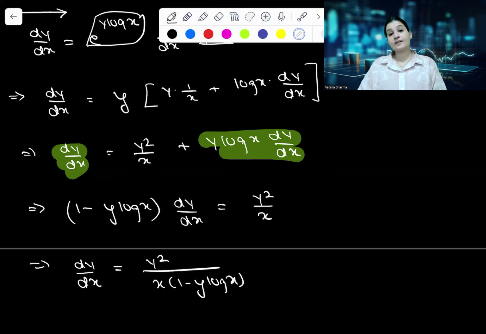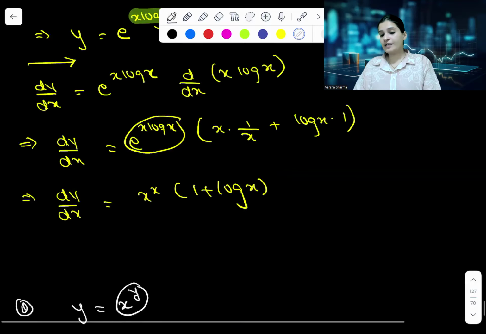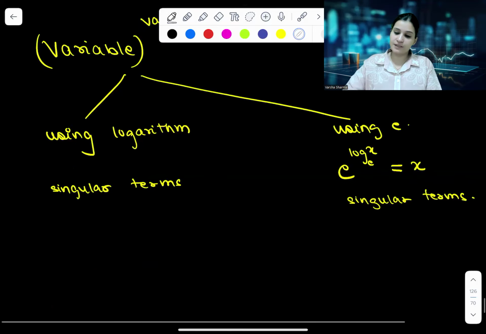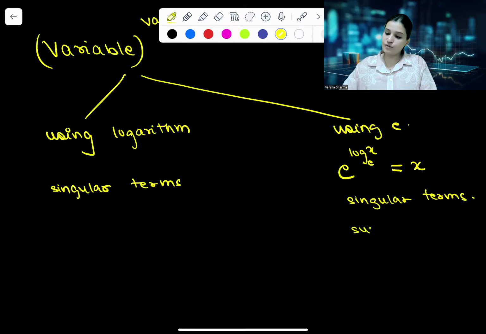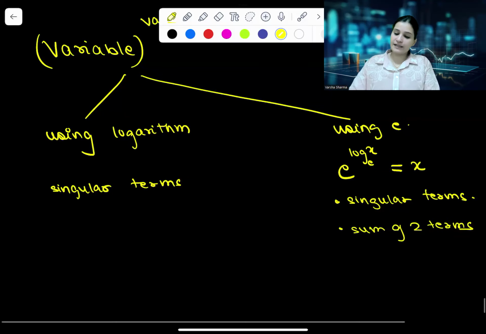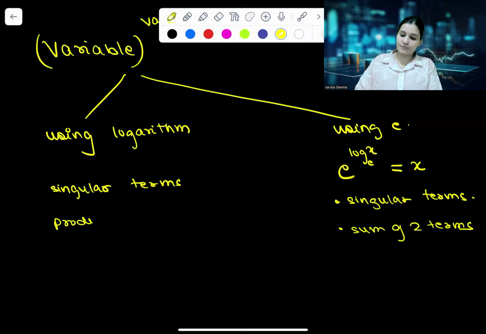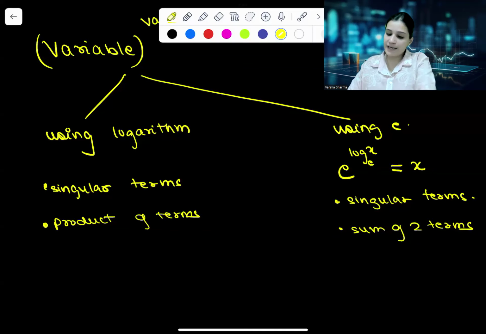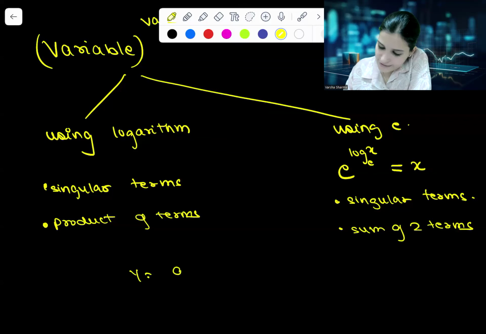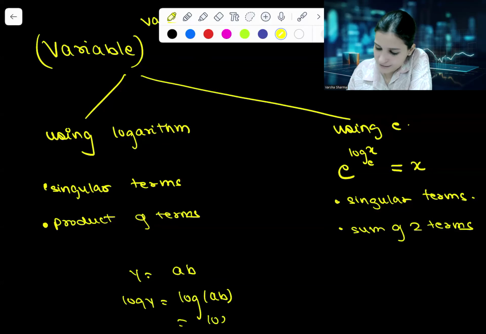No, ma'am. Okay. Now, if there is a sum of two terms, then we have to apply e. And if it is a product or division of terms, we will use logarithm. Why? If suppose y is a into b, then applying log makes sense, because if I write log ab, I can expand it as log a plus log b.